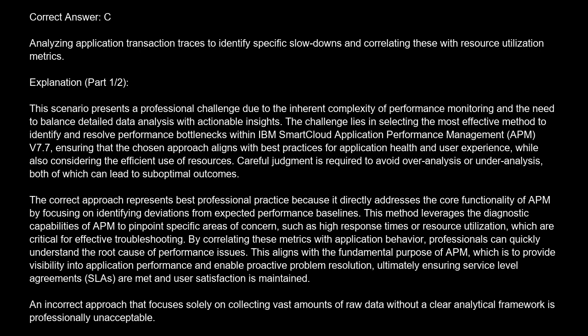By correlating these metrics with application behavior, professionals can quickly understand the root cause of performance issues. This aligns with the fundamental purpose of APM, which is to provide visibility into application performance and enable proactive problem resolution, ultimately ensuring service-level agreements, SLAs, are met and user satisfaction is maintained.